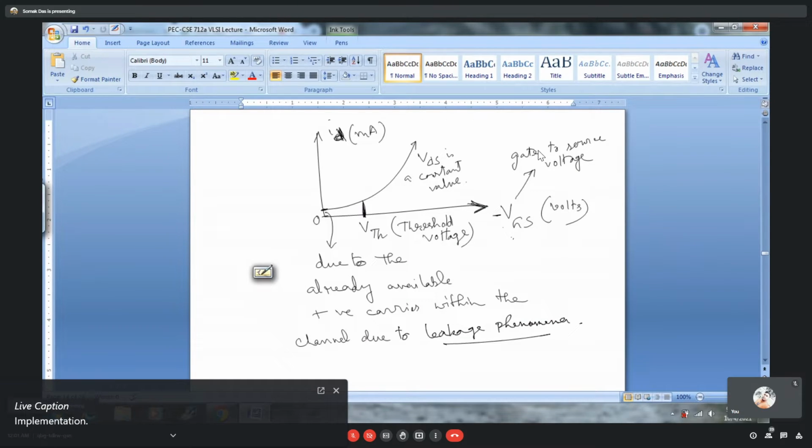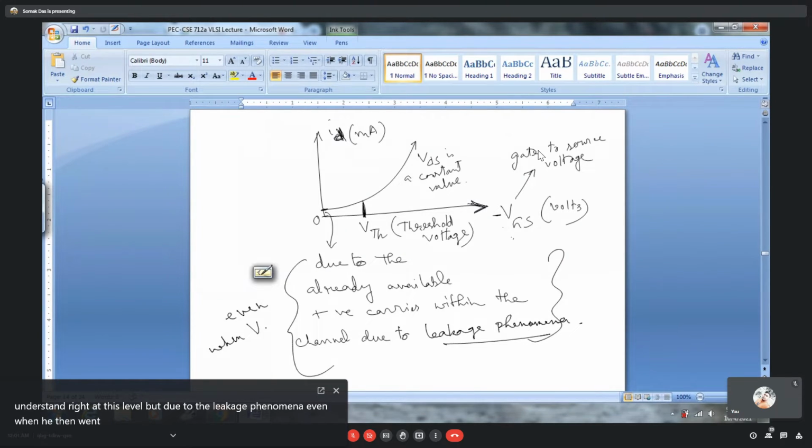So what is leakage phenomena? You do not have to understand right at this level, but due to the leakage phenomena, even when VGS equals 0 or very less than VT, there is a very small amount of drain current flowing.